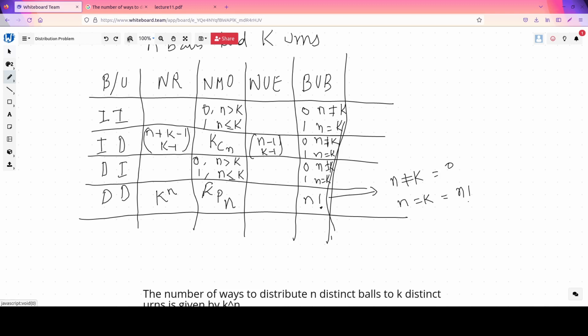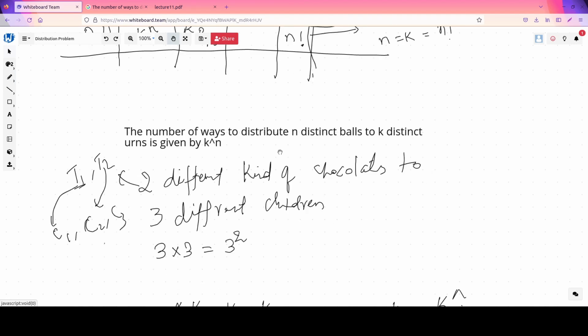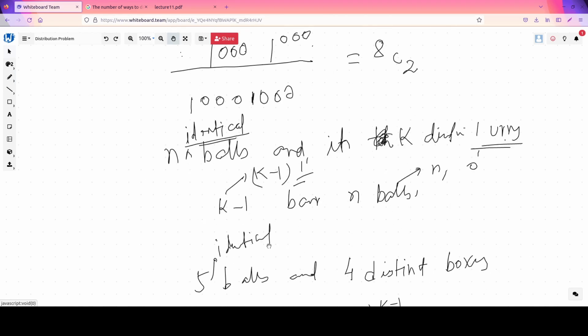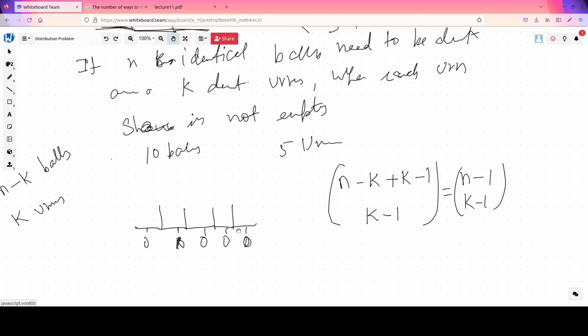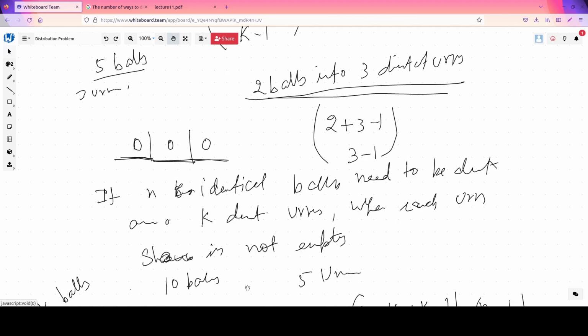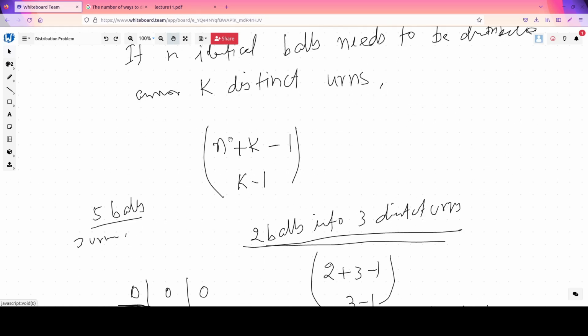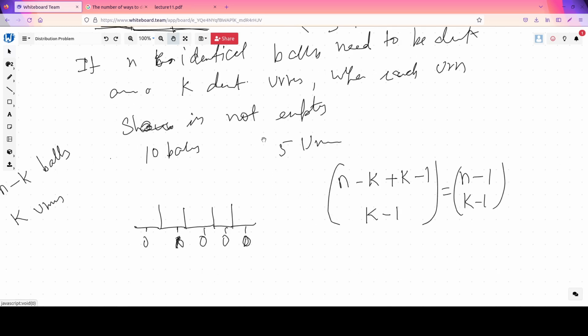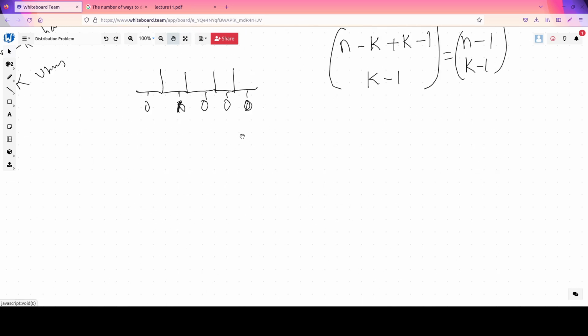So let's try to take an example of it to understand it better. I'll take an example of a problem from IIT and let's try to solve it using this concept, right?